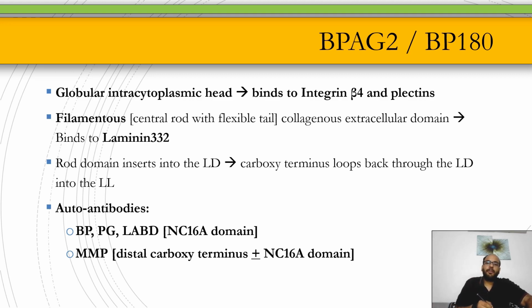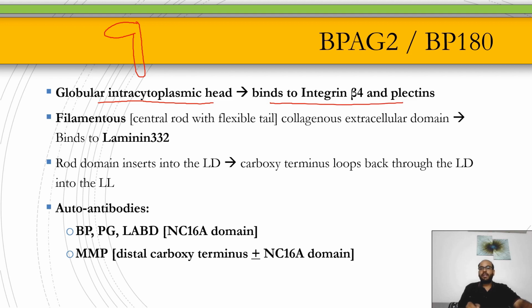Now bullous pemphigoid antigen 2 is like a hockey stick. It has a head and a tail. The globular intracytoplasmic head, that means the globular head which is inside the cell, binds to integrin beta 4 and plectin. So it binds to plectin, it binds to bullous pemphigoid antigen 1 and also integrins.